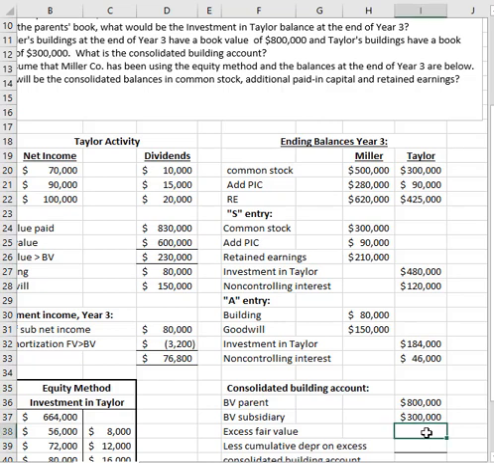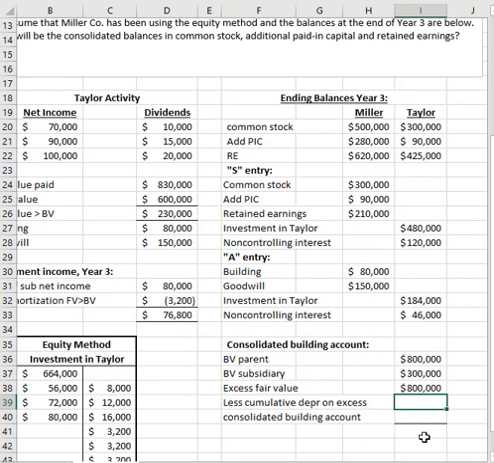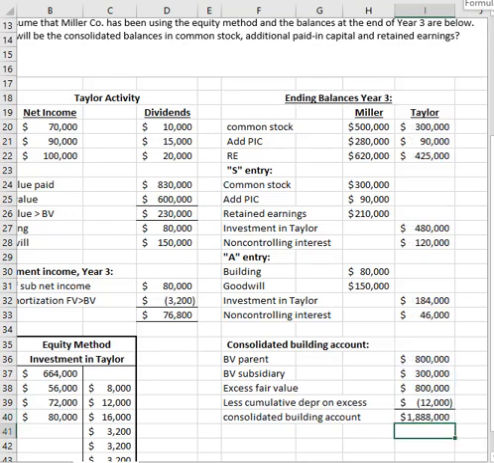And it's going to go up by this excess fair value, but it will have been depreciated 3 times by the end of year 3. 4,000, 4,000, 4,000, so 12,000. So the consolidated account is going to be all of those added together. Oh, that was 80. I got an extra 0 on there. There we go.